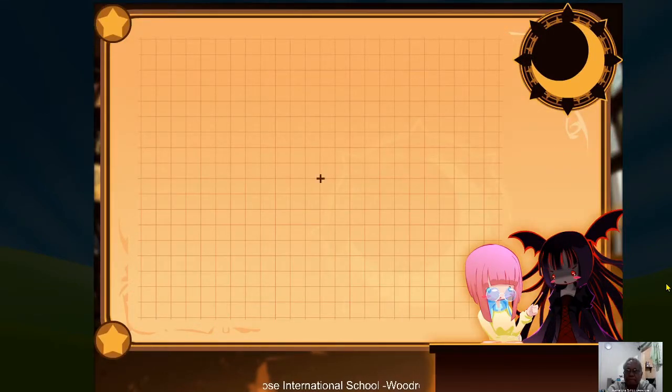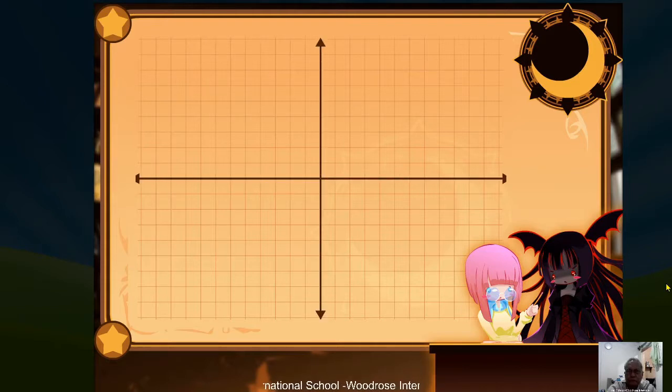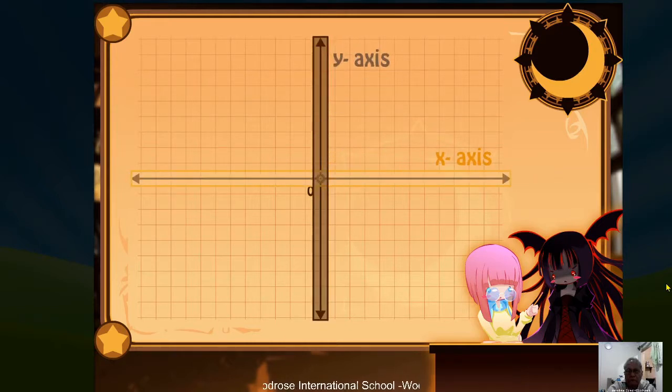Let us draw two number lines perpendicular to each other and intersecting at point O, which we will call the origin. We agreed to call the horizontal line the x-axis and the vertical line the y-axis. With a convenient scale, we lay off on the two lines equal divisions starting from 0 in both directions.